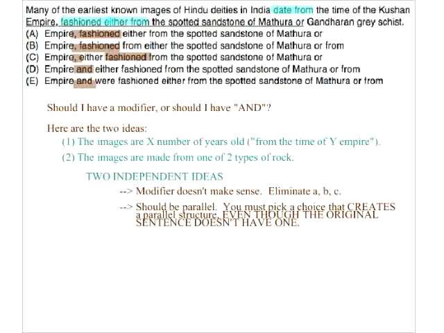So the meaning is, let me tell you two totally separate things about these images. Number one, they are this old. Number two, they are made of this stuff. This is number one and number two, that have like nothing to do with each other. So even though the original does not have a parallel structure, you have to make one.